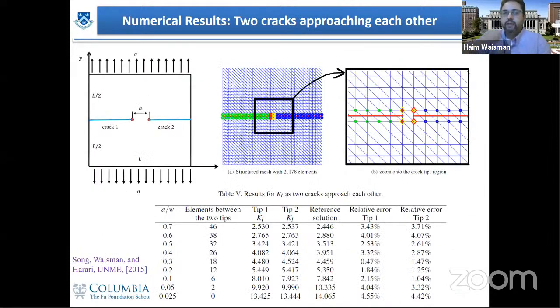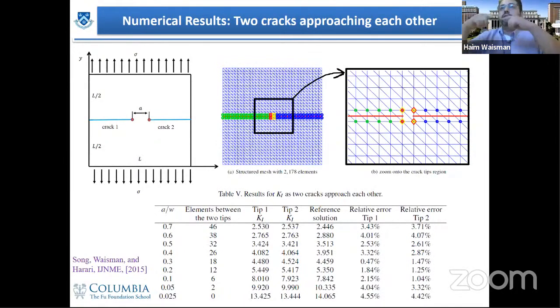Another advantage of this method compared with the J integral method: imagine the case that you have 2 cracks which are approaching each other. If you are using the J-integral method, that means that your path-independent loop should not cross any other singularities that you have in your domain.